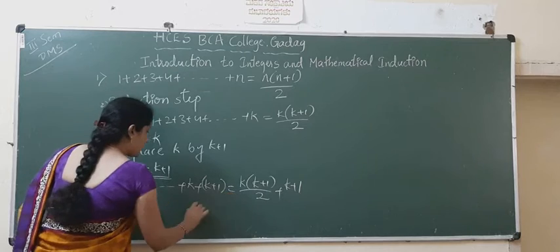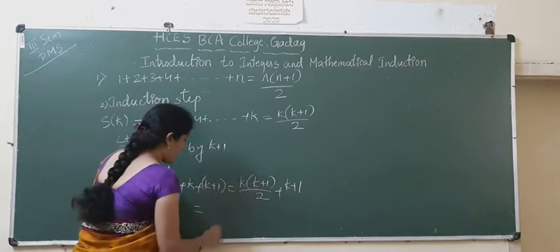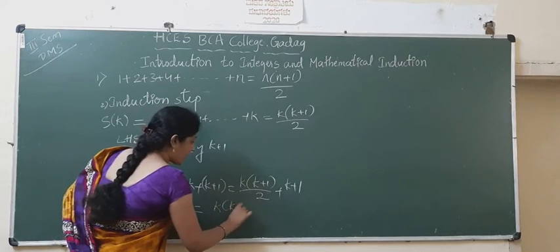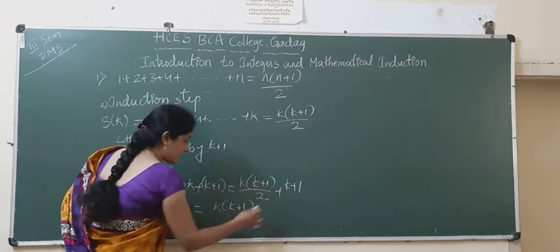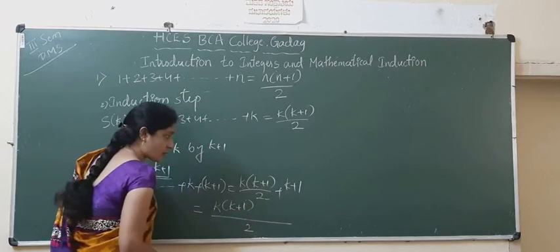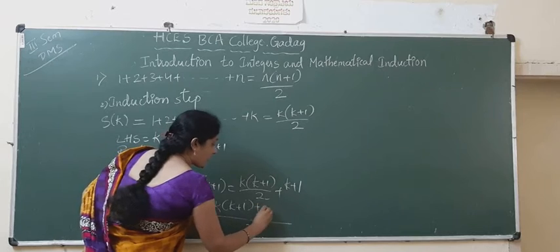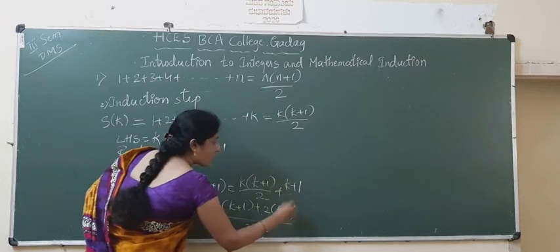Now, let us consider this k into k plus 1. If you take the LCM, it will be 2 and this becomes 2 into k plus 1.